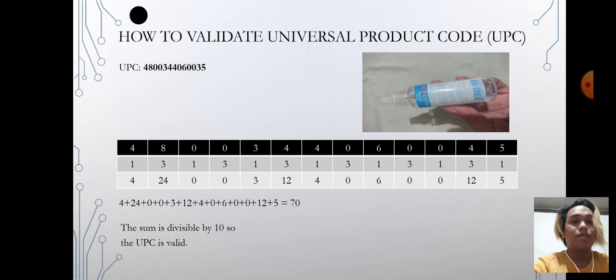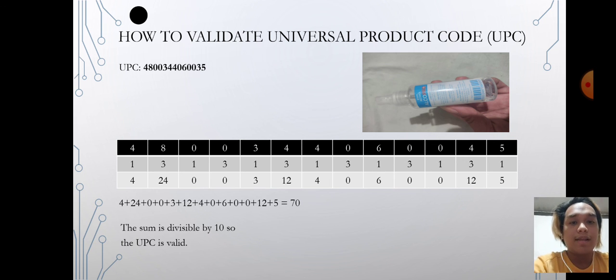How to validate your Universal Product Code? So I used alcohol as my product, and the UPC is 48003440600035.